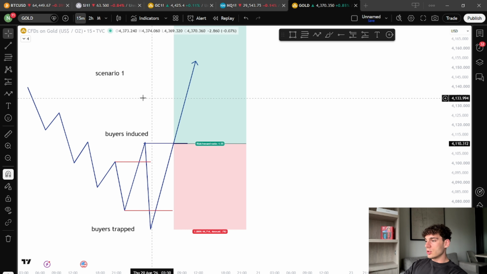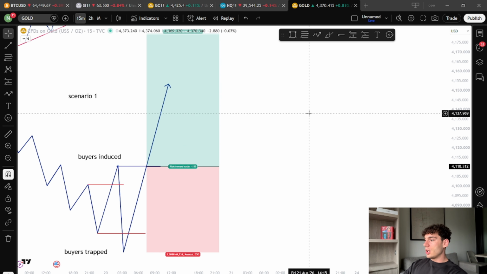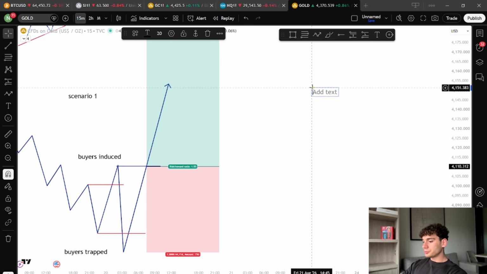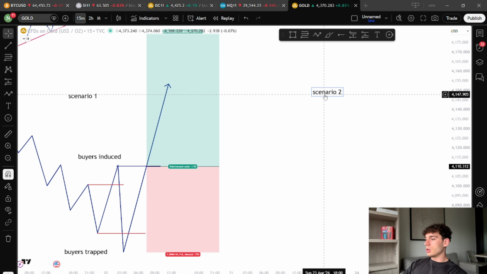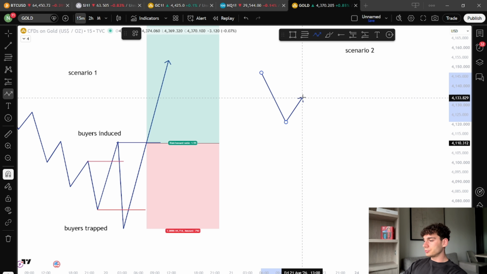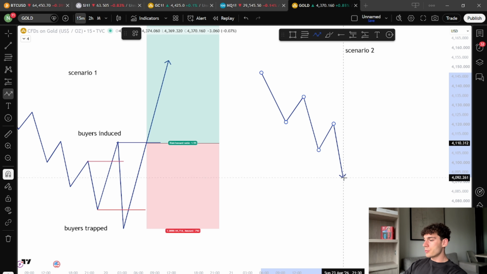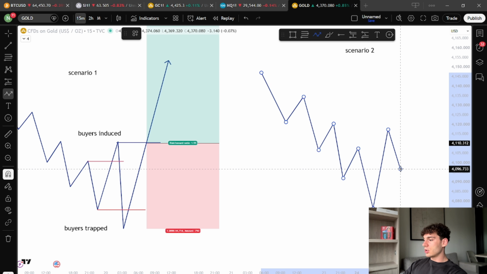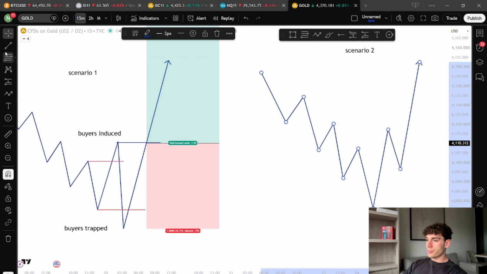That's scenario number one, which is the more complicated scenario. And scenario number two is going to be the more simple one. That's when price goes down, induces sellers, and then gives you change in state of delivery, correction, and goes up.